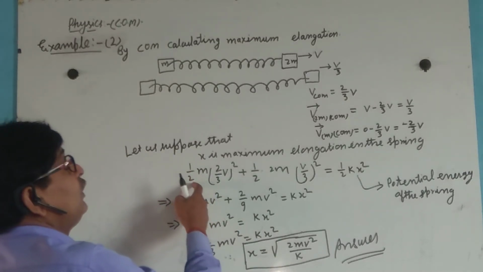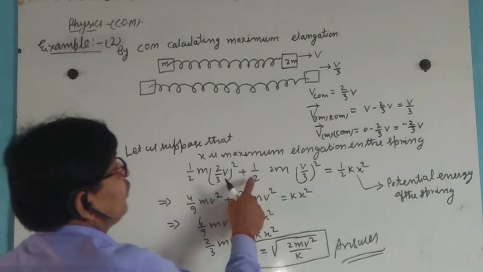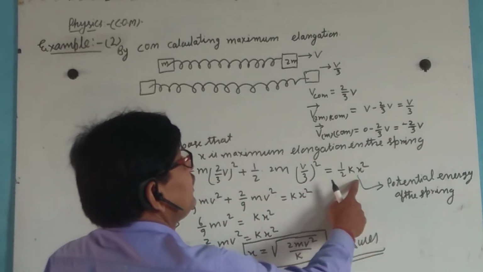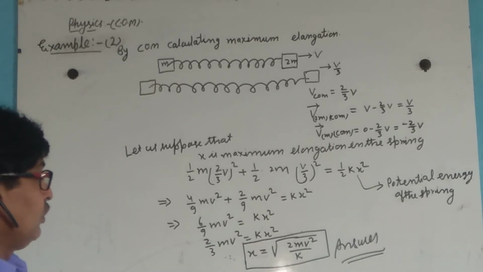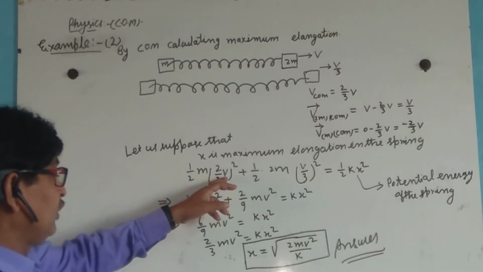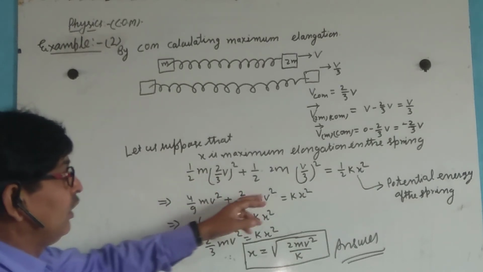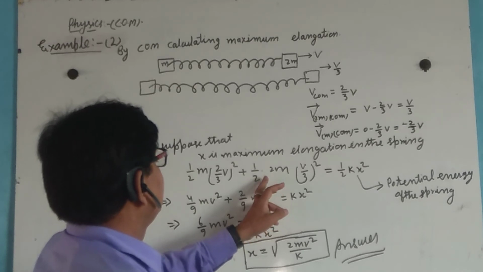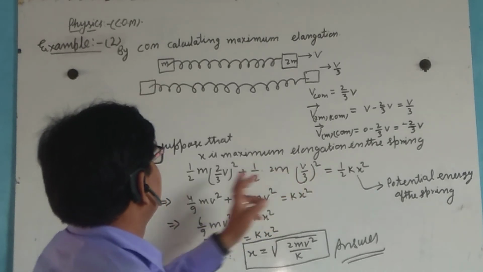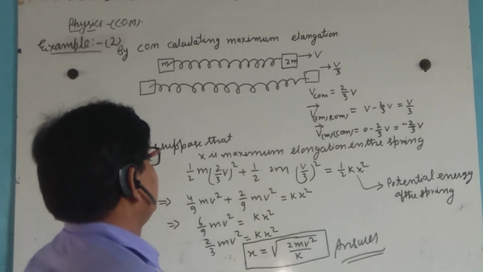Dividing half on both sides, this term and this term cancel. So this is 4 by 9 m v square.